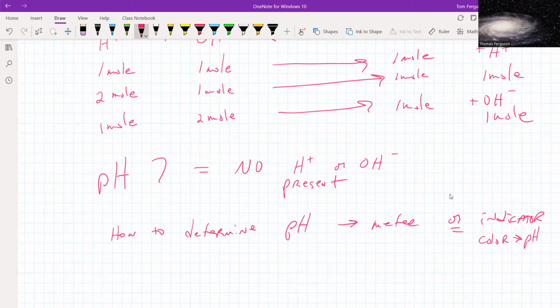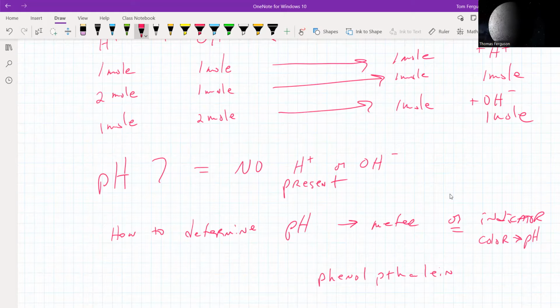The indicator we're going to be using in lab, the long name, is phenolphthalein. Phenolphthalein is an indicator that when it goes from colorless to pink, we're at pH 7.